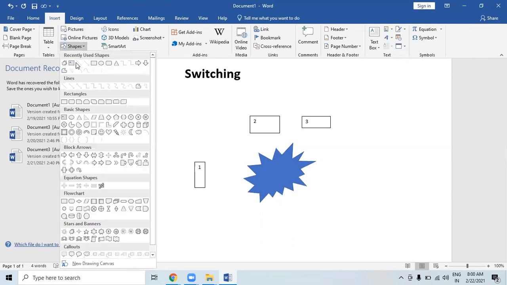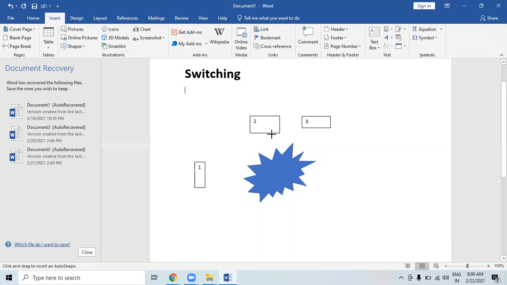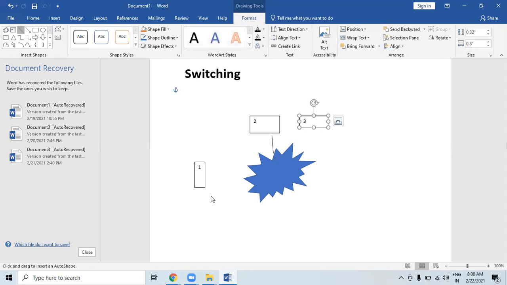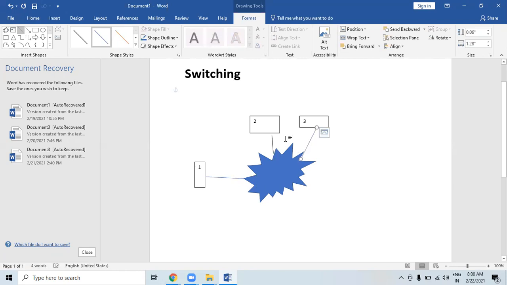Here we can give the connection also between the switches. So these are the networks.